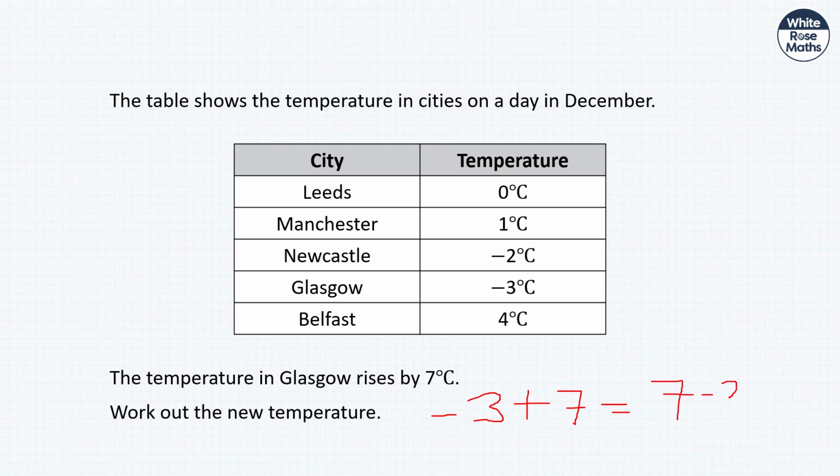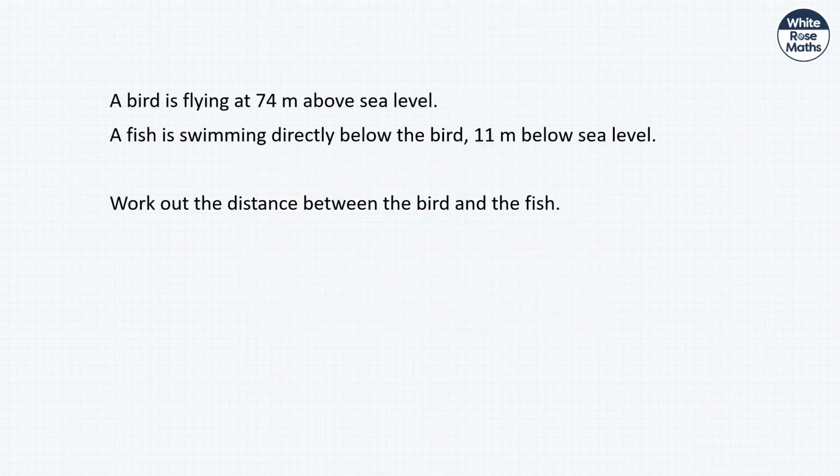It'll give you the same answer, which is equal to 4 degrees. There are little tricks here to help you get the right answer and avoid any misconception or confusion when you work this out. There we go, 4 degrees.